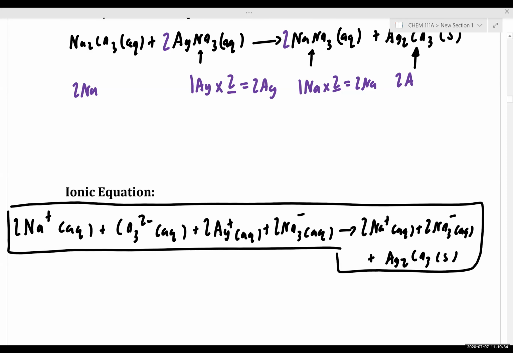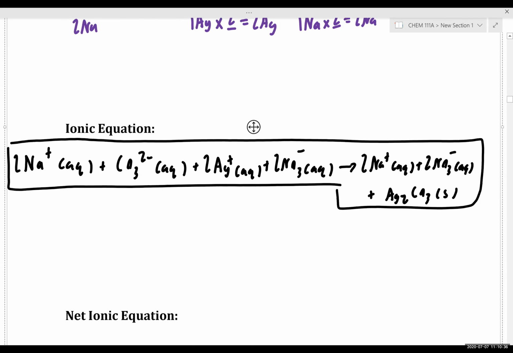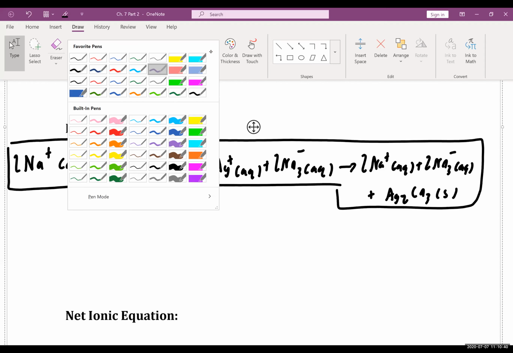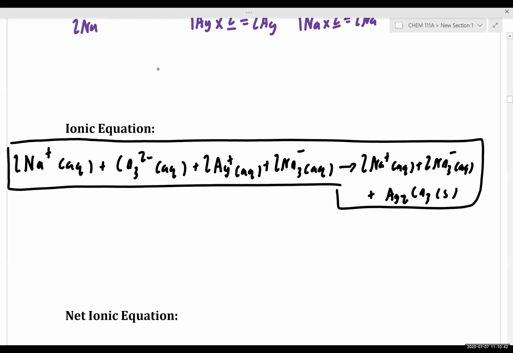And now what we have to do is cancel our spectator ions. And what are our spectator ions in this case? What ions are identical on both sides of our reaction equation? What are the spectator ions?